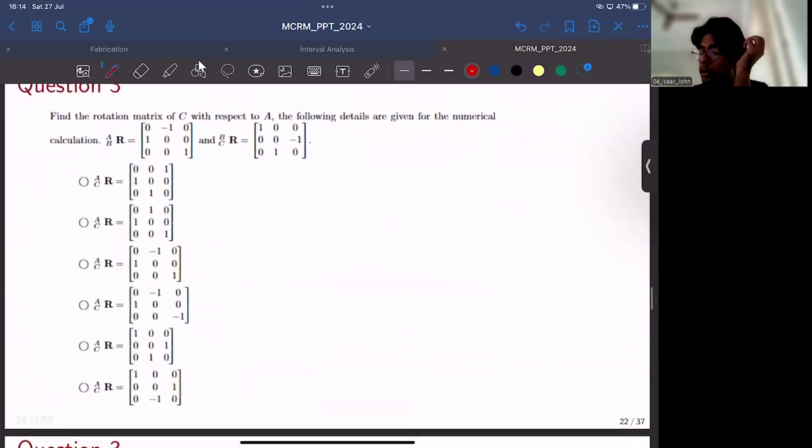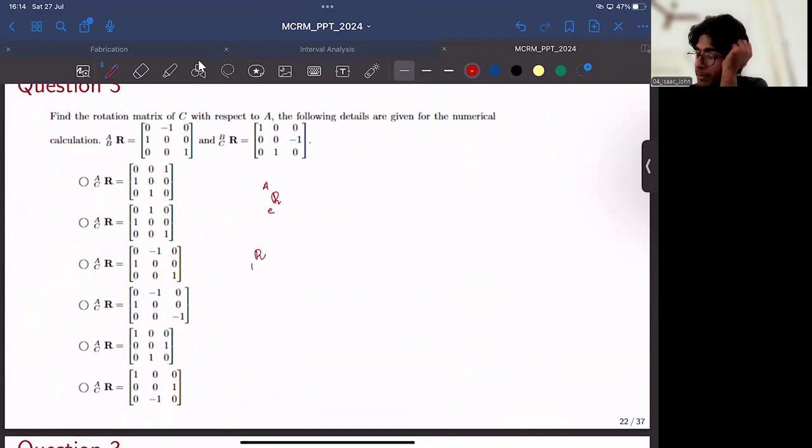Okay, so moving on to question three, it says find the rotation matrix C with respect to A. The question asks specifically to find the rotation matrix C with respect to A, and we have the following details for numerical calculations.